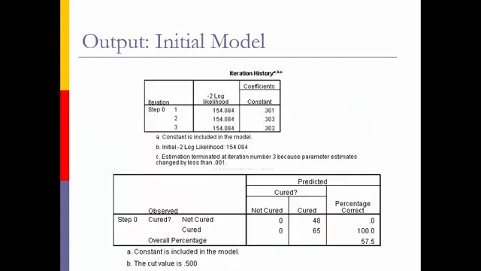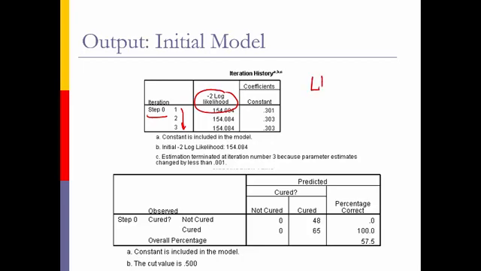All right, let's go ahead and look at our next piece of output. This first piece here, we have step 0, and step 0 had 3 iterations. What's important is this -2 log likelihood.